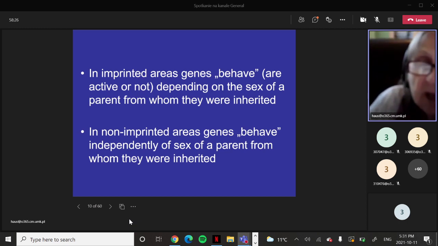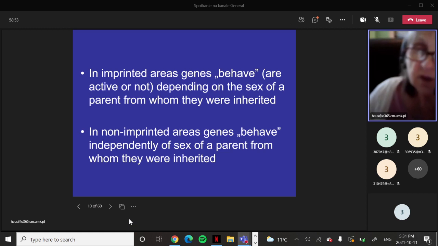In imprinted areas, genes behave active or not depending on the sex of the parent from whom a particular gene was inherited. In non-imprinted areas, genes behave independently of the sex of the parent from whom they were inherited.